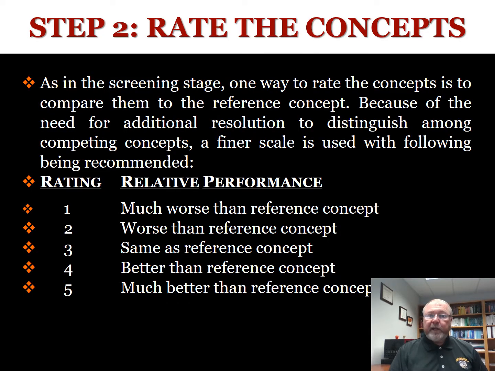So we'll use the rating scale that we talked about. We're going to be comparing those concepts, DF, E, and G plus, each of those to the reference concept, which we said was A, on each of the 7 criteria. So on each criteria, we will say, let's say for concept DF, is it much worse, worse, similar, better, or much better than the reference concept on criteria 1?